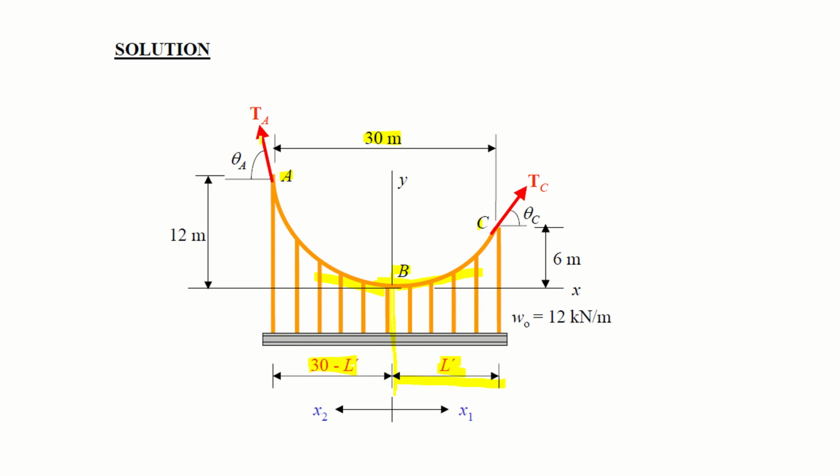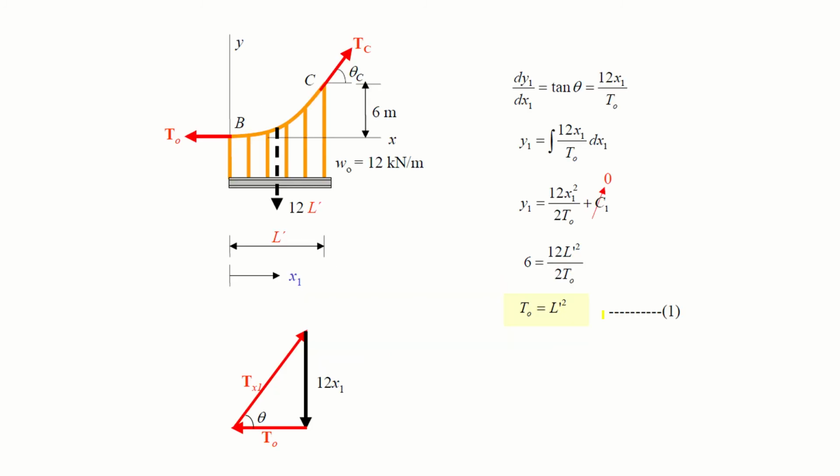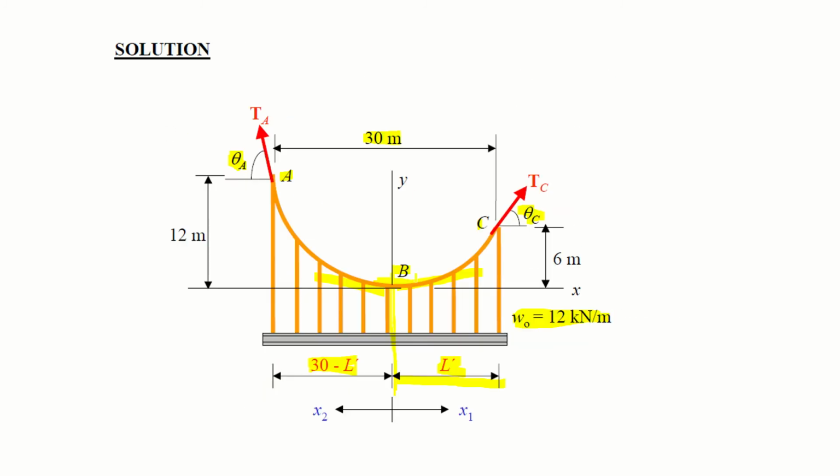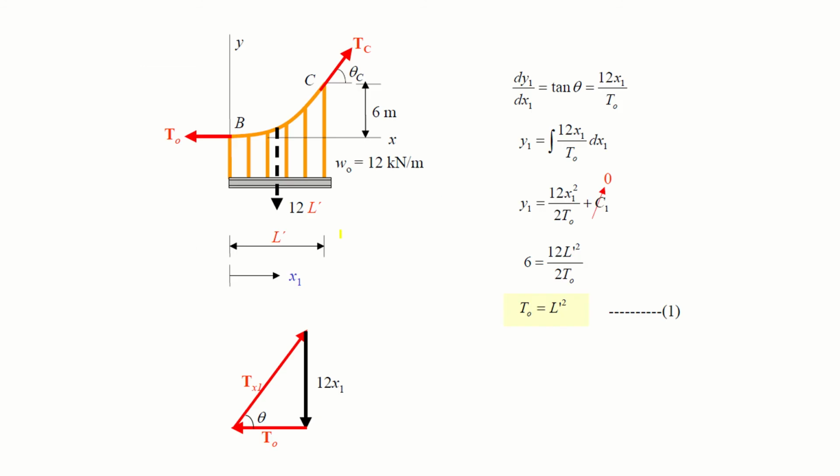At A it is making an angle theta A, at C it is making theta C, and at B the theta is equal to 0. You know the uniformly distributed load, which is 12 kilonewton per meter. Now consider this segment, right?